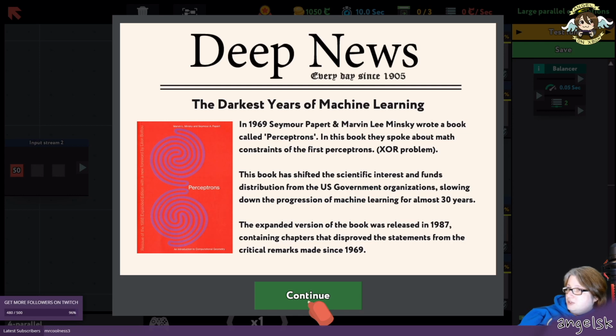This book has shifted the scientific interests and funds distribution from the US government organization, slowing down the progression of machine learning for almost 30 years. The expanded version of the book was released in 1987, containing chapters that disproved the statements from critical remarks made since 1969.